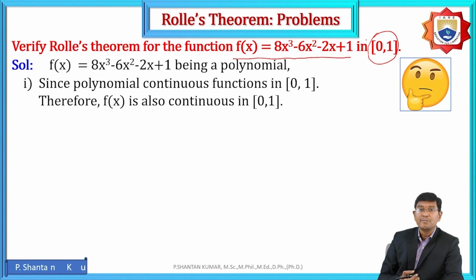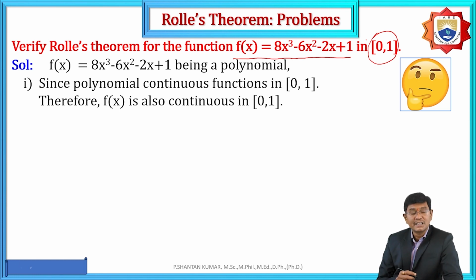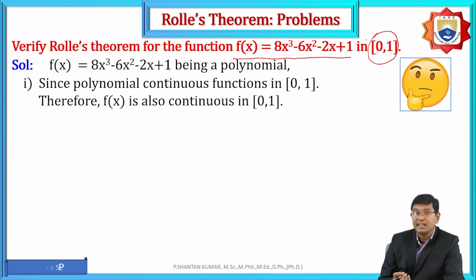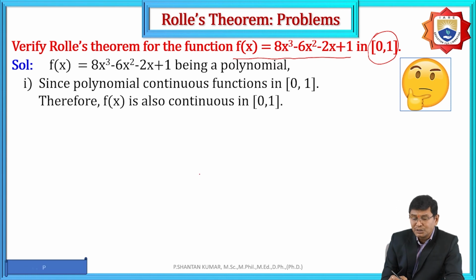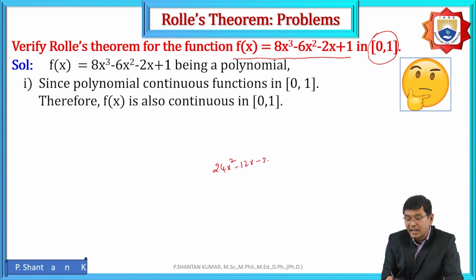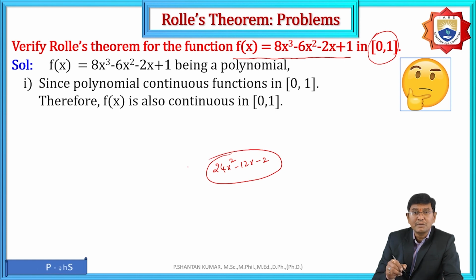Similarly, f of x is derivable. Derivable means the derivative exists or not. The function is 8x cube minus 6x square minus 2x plus 1. Its derivative is 24x square minus 12x minus 2, and the derivative is also a polynomial function in the prescribed interval [0, 1].